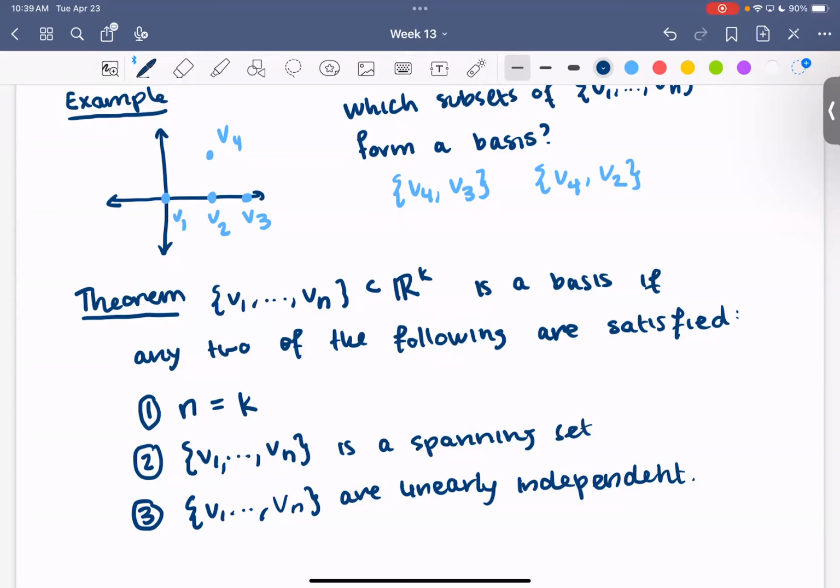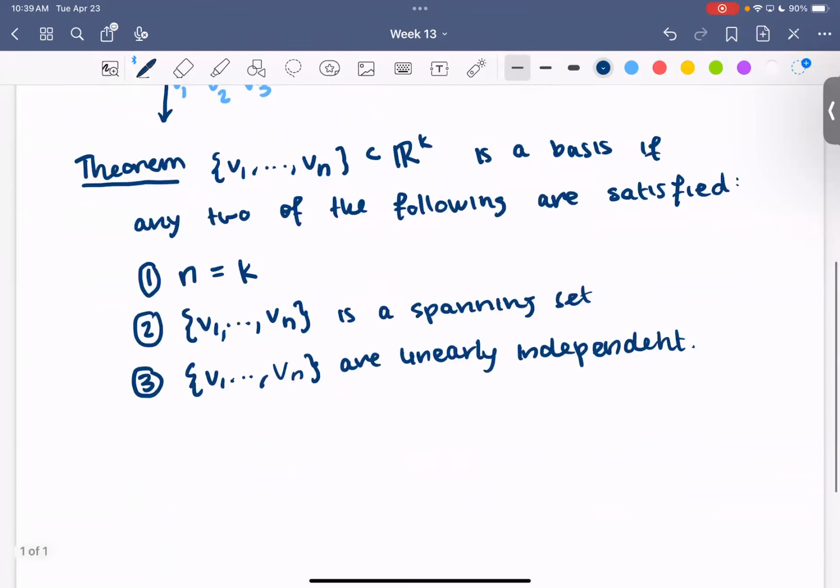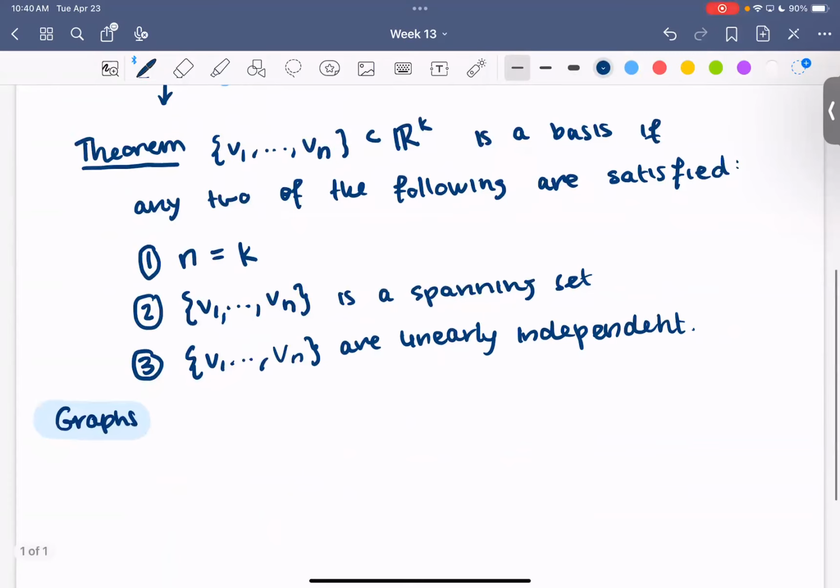I'm going to compare this to a theorem that we saw in this class. So now let's switch over to the graph setting. My new question: if I have a graph, which subsets of the edges form a spanning tree?